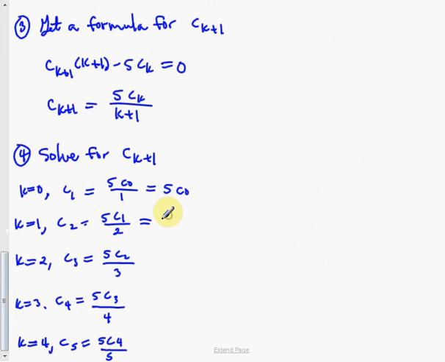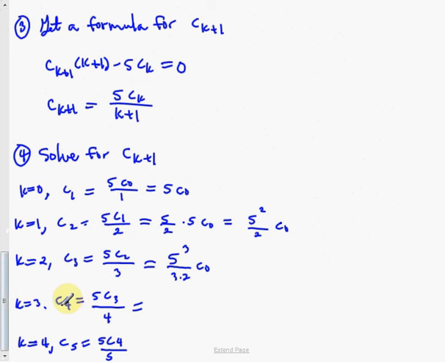This is 5 over 2 times C sub 1, but C sub 1 is 5 times C0. So this guy is 5 squared all over 2 times C0. Well, C sub 3 depends on C sub 2. And so C sub 2 is given to be 5 to the second divided by 2. So this is 5 to the third all over 3 times 2 times C0.